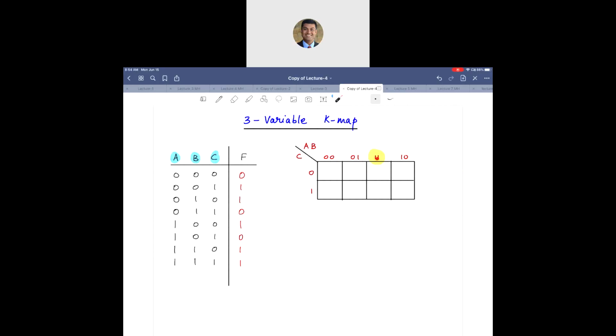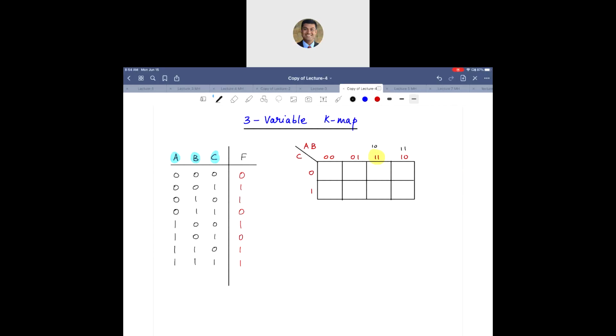Why is the skeleton of a 3 variable K-map laid out this way? Anyone? Why did we go from 0, 0 to 0, 1 to 1, 1 to 1, 0? So why is this not 1, 0 and 1, 1, the usual 0, 1, 2, 3?